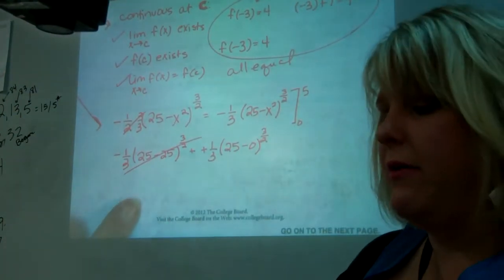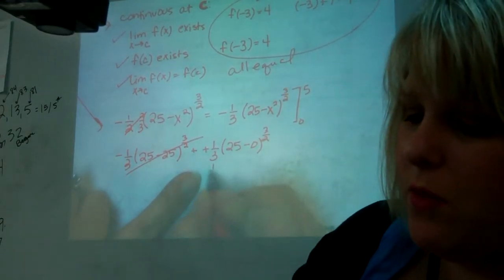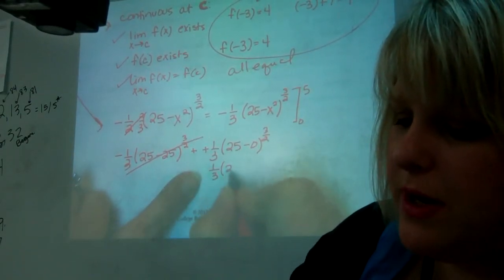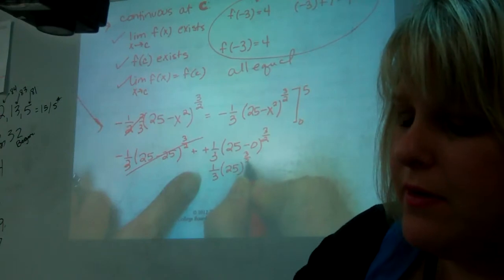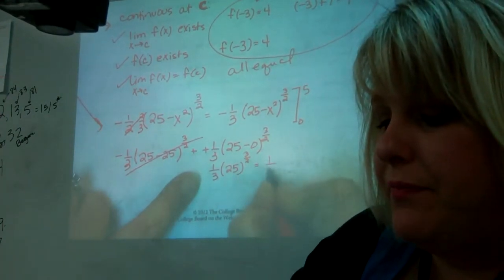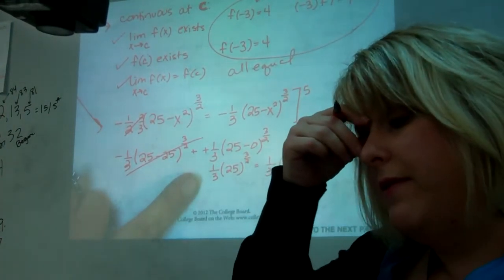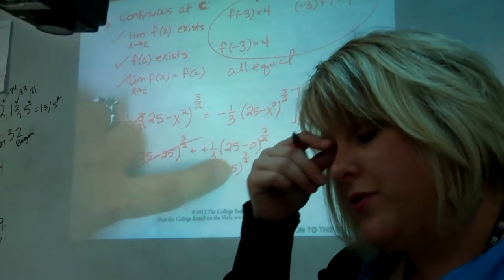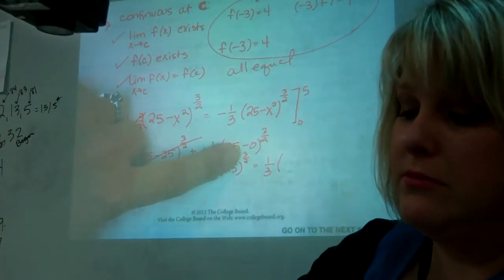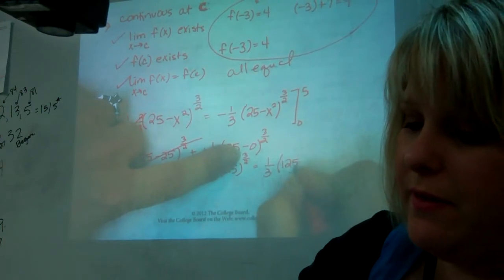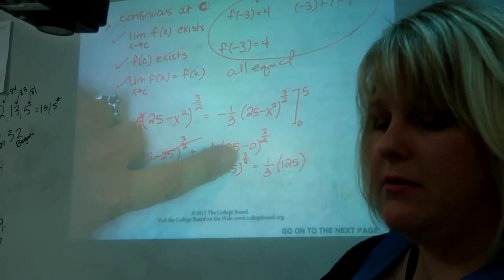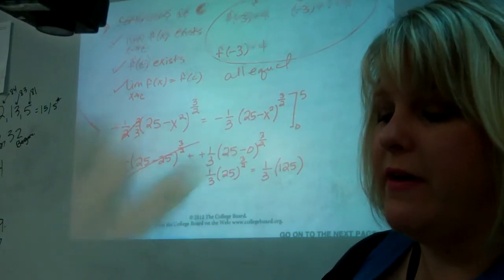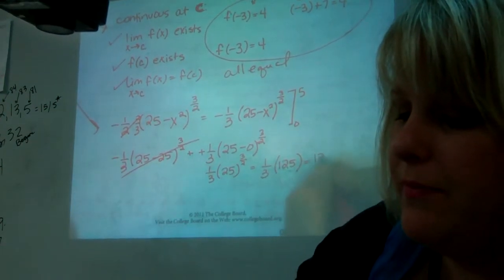If I plug 0 in, I'm going to get 1/3 times 25 to the 3/2. But you could leave it like that. 25 to the 3/2 means the square root of 25 cubed, which is 125. Right? 5 cubed, 125, yep. So 125 over 3.